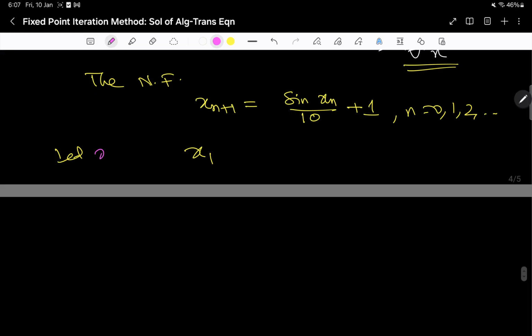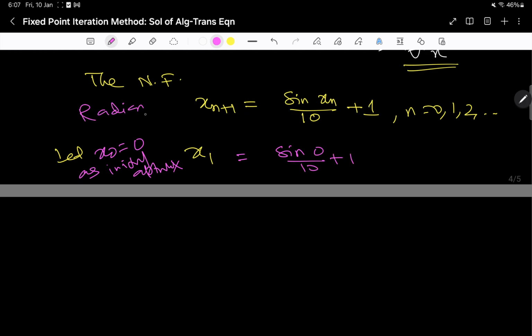I can take any initial value. Let me take x0 is equal to 0 as the initial approximation. So x1 is equal to sin 0 by 10 plus 1. You keep your calculator in radian mode.